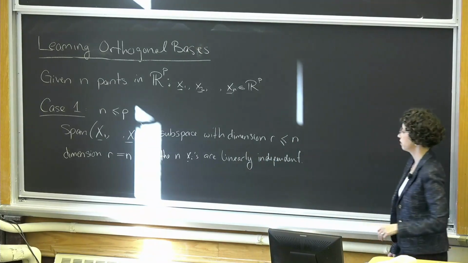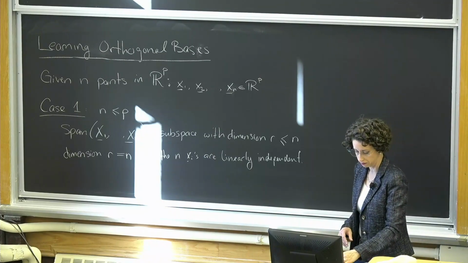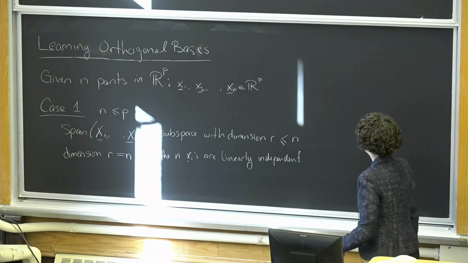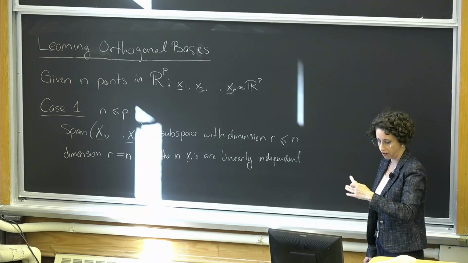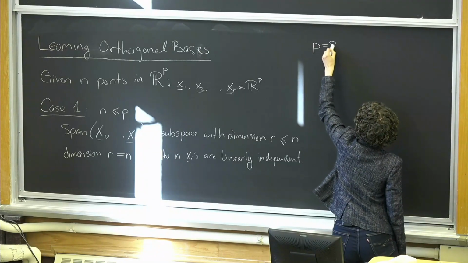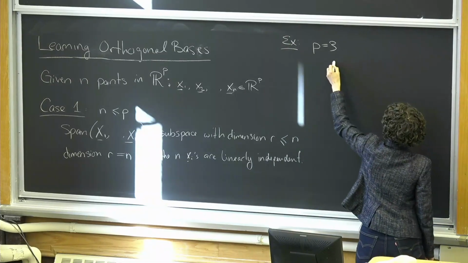But more generally, the subspace dimension R will be the number of linearly independent vectors in this set, x1 to xn. And so just to illustrate some of the possibilities graphically, let's imagine that p is equal to 3.